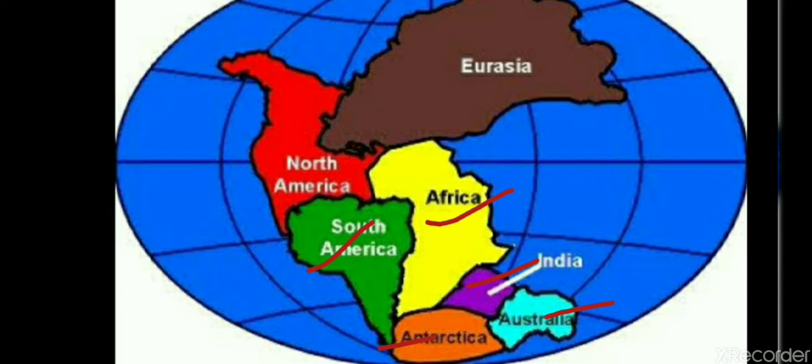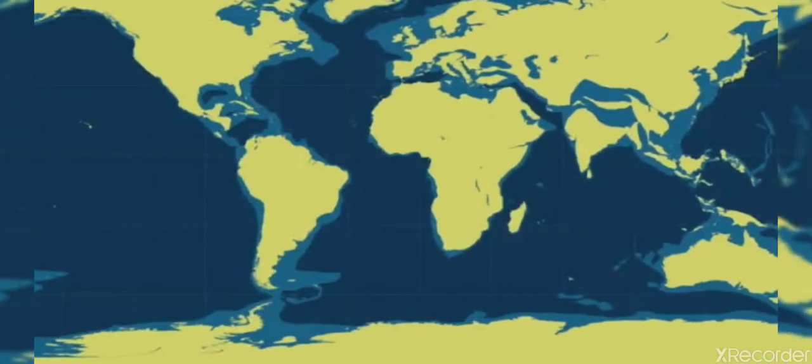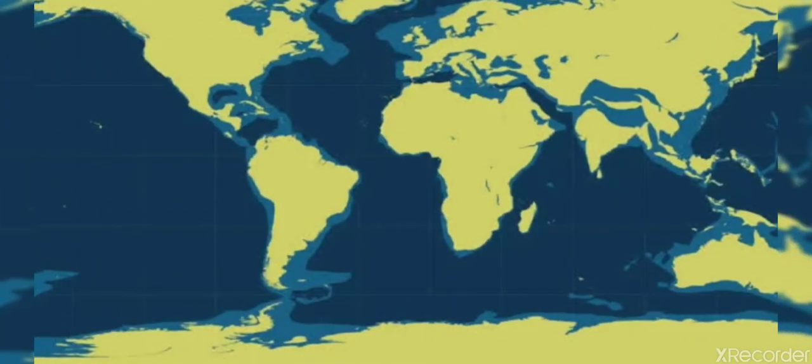So what happens thereafter? This is the second map, in which the Pangaea has been broken into a number of pieces, a number of continents. How did this happen?